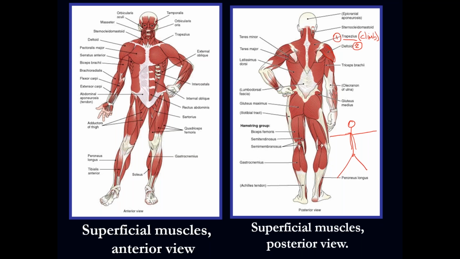Contracting this muscle is going to elevate the upper extremity. Number two. Number three, this is very important, the latissimus dorsi. Latissimus dorsi is the largest muscle on the back, okay? Remember: trapezius, deltoid, latissimus dorsi.